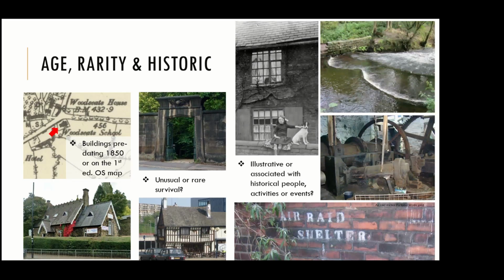But then also illustrative of the history of the area. And that can include the fact that they can still contain features which tell you how these buildings were used. It may be that there are particular historic stories or people associated with those, or they may be associated with particular pivotal events, like this air raid shelter sign.